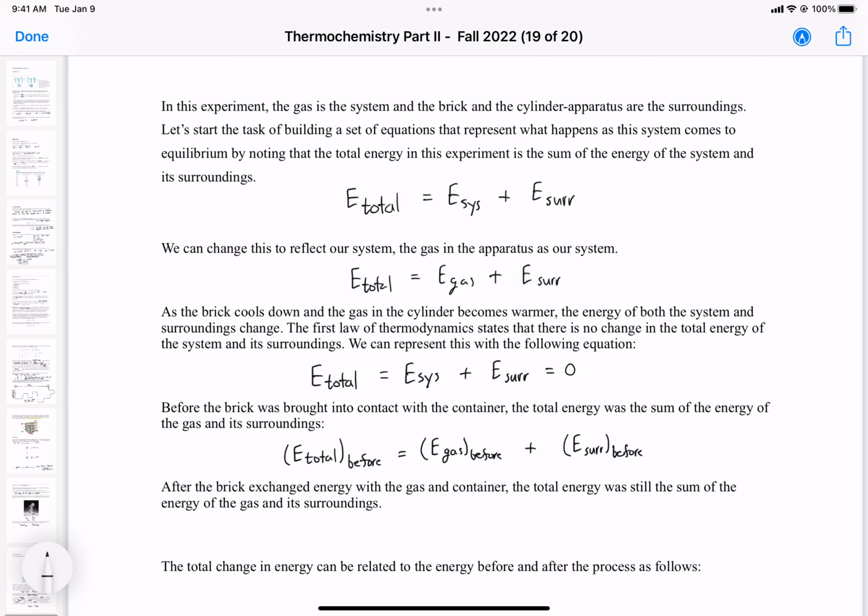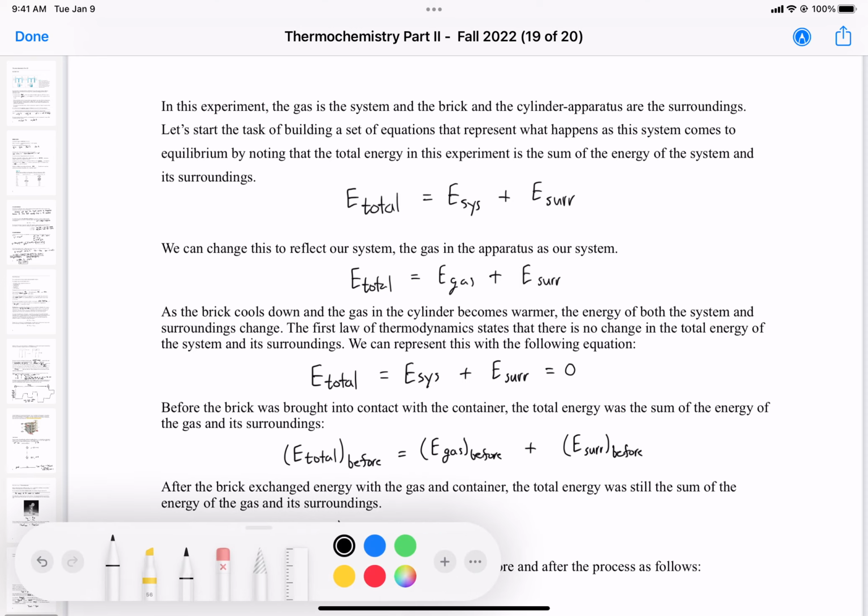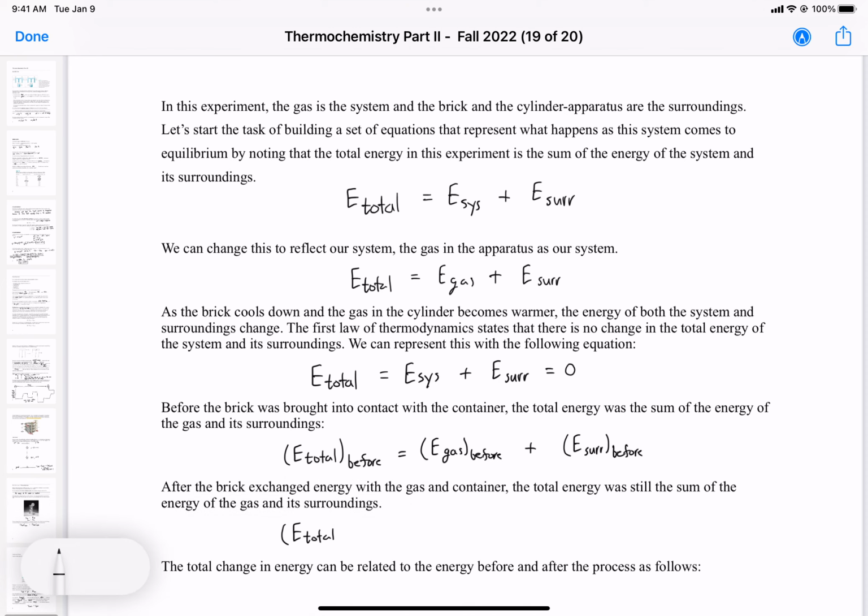So after the brick gave off heat, exchanged energy with the gas and our container here, the total energy was still the same, still the sum of the energy of the gas and the surroundings, because nothing changed about our system really, just that heat transferred.